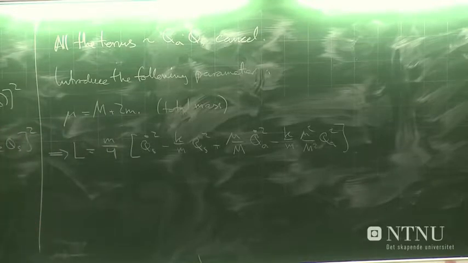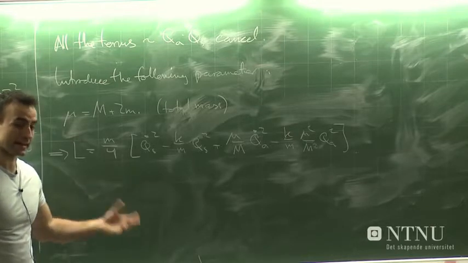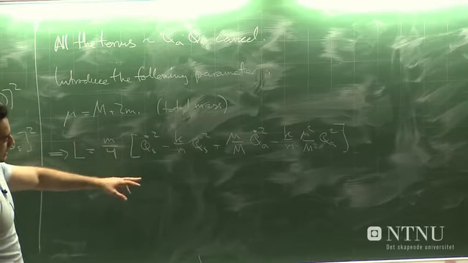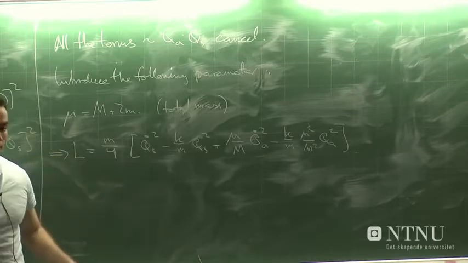So this is now our Lagrangian, which is the same as our original Lagrangian, but with a crucial difference that there's no coupling between our generalized coordinates qs and qa.